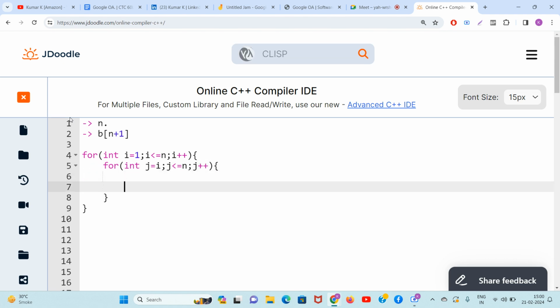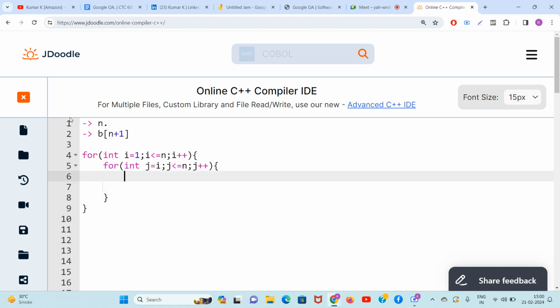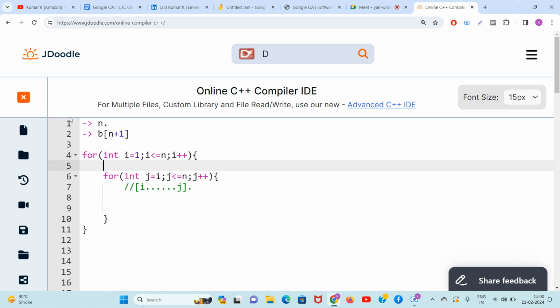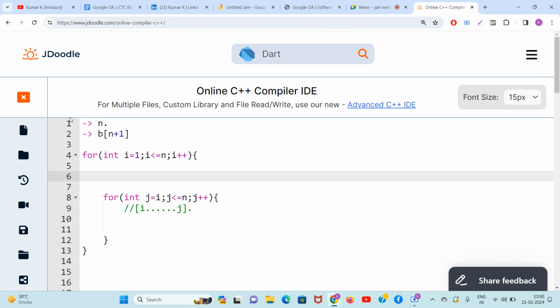No matter what language you're using, you understand that i is the start pointer of the subarray and j is the end pointer of the subarray. Now guys, you should never initialize your AND value with 0, because if you initialize it with 0, it will always stay 0. Initially i is equal to j, one element only, so initialize it with b of i.